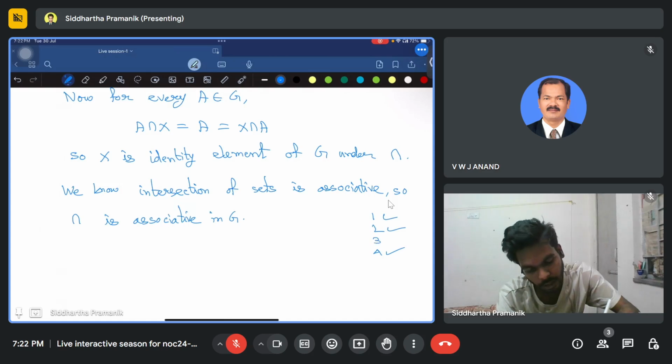So we are left with the third one, which is the inverses of elements. So let's check it.